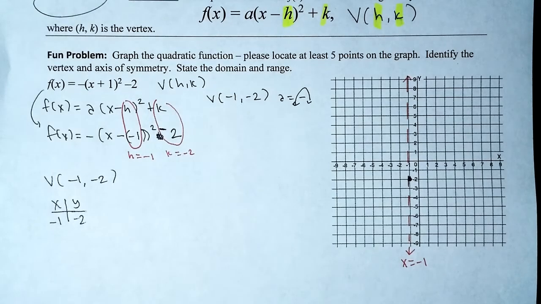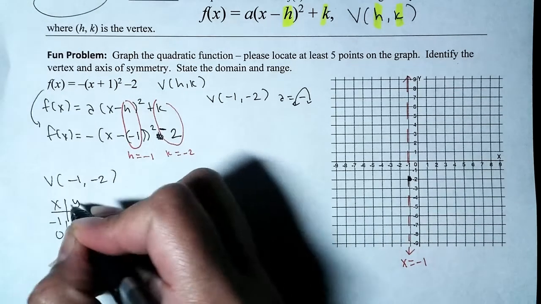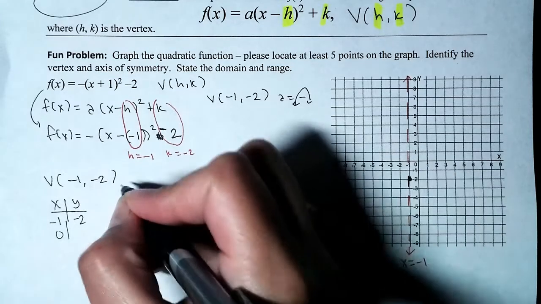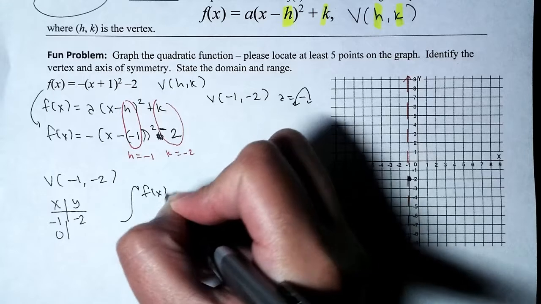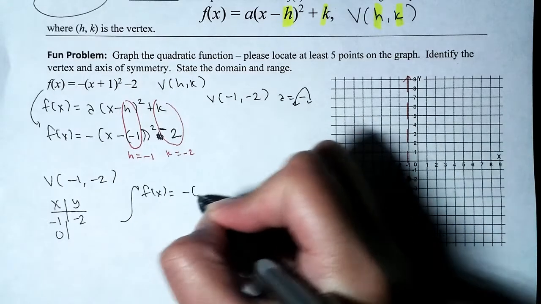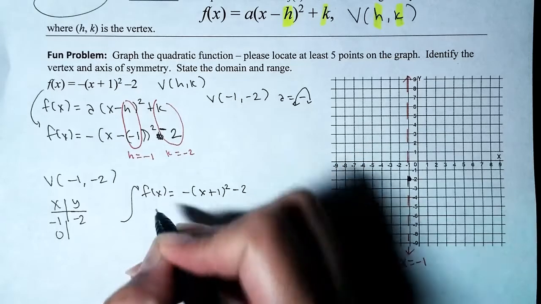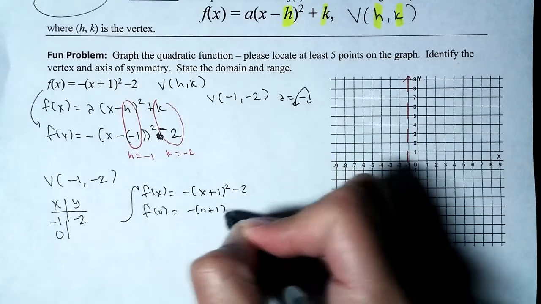Then we can pick any other x value. You know that 0 is my favorite number. So when x is 0, what is the value of this function? Where should I show my work? Or you can punch it in. Write down the function: negative square of x plus 1, minus 2, and when x is 0, I want to know the value of this function.